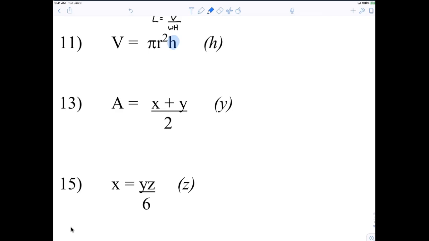That's exactly right. We're just dividing by pi r squared. So we know that H is the volume divided by pi r squared. Come on, that's not that hard.